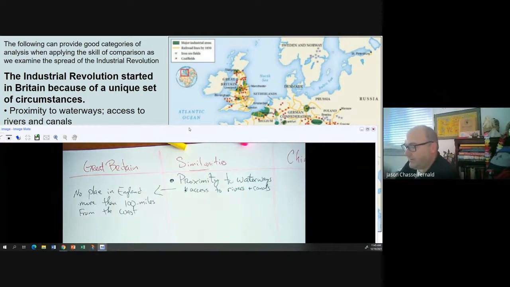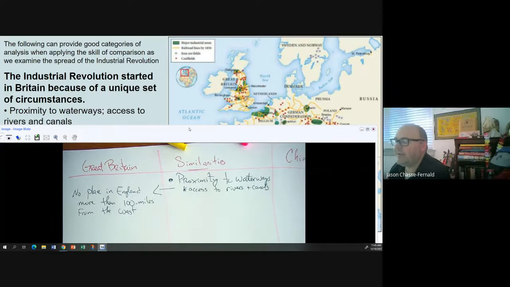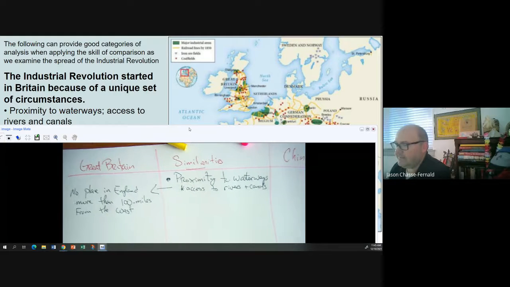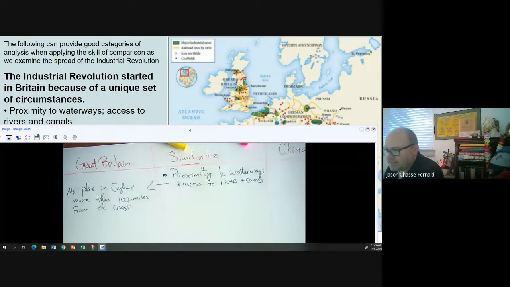So if there's not a river connecting a place in England to waterways, then it's not too challenging to connect it via a canal. I'm going to slide this over now to China.